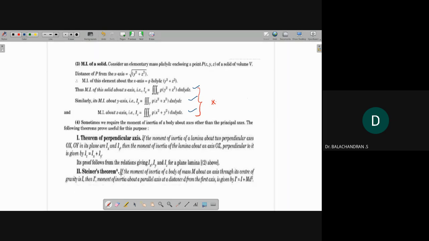And then Steiner's theorem or parallel axis theorem: if the moment of inertia of a body of mass M about an axis through its center of gravity is I, then I dash, the moment of inertia about a parallel axis at a distance d from the first axis, is given by I dash equal to I plus M d square.